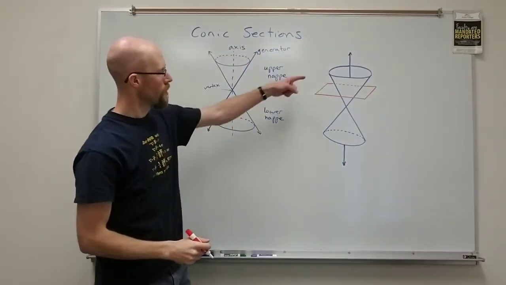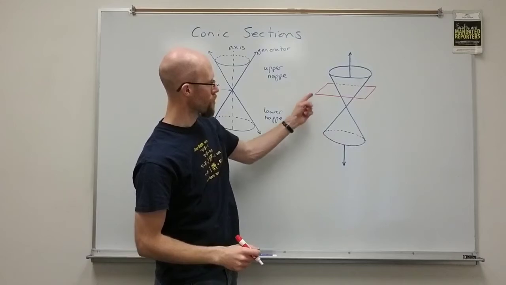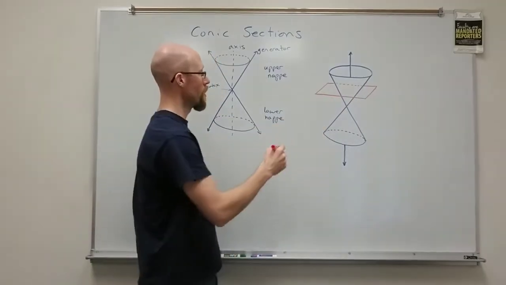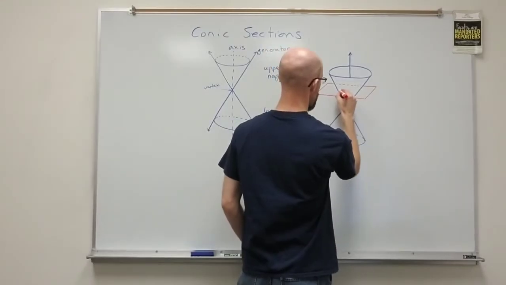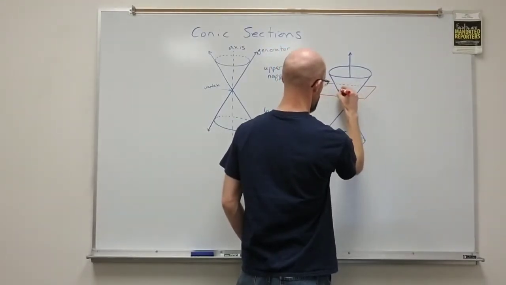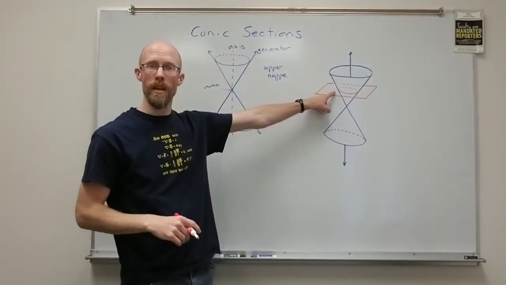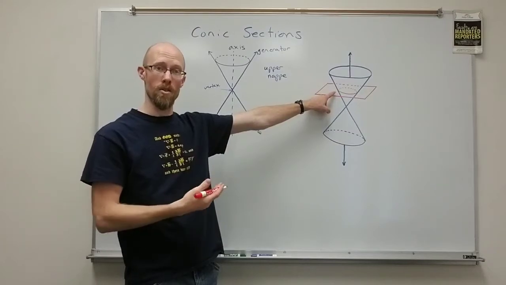Okay, so if the axis running through the center is perpendicular to that plane, then you will end up with a circular cross section, or a circular intersection. And so the intersection is what we call a conic section, and it's a circle.